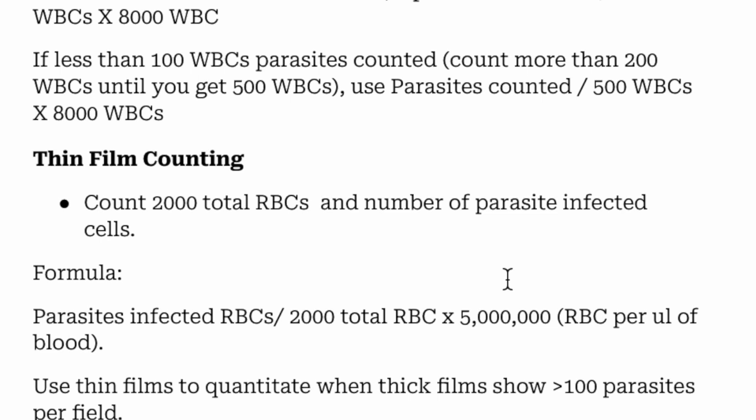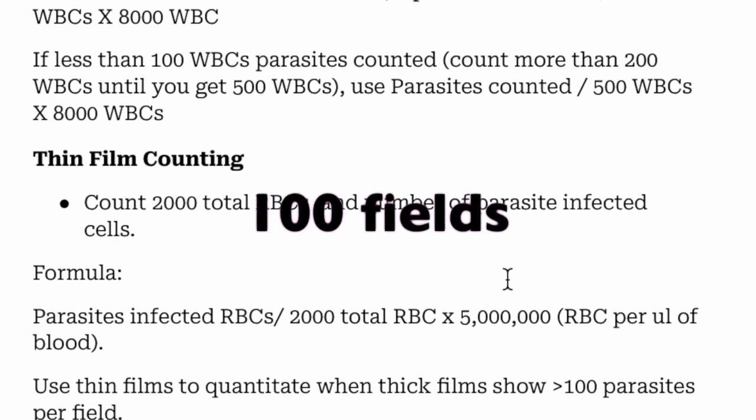You will have to use your thin films to actually count your parasites when your thick films show greater than 100 parasites per field, because then you can't really count accurately. Importantly, before you can declare a slide as negative, you have to have counted at least 100 fields.